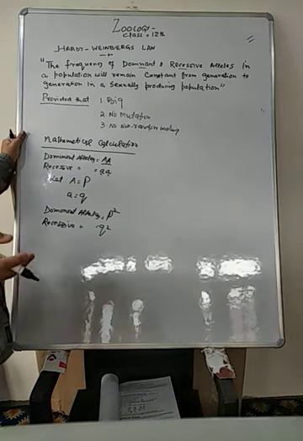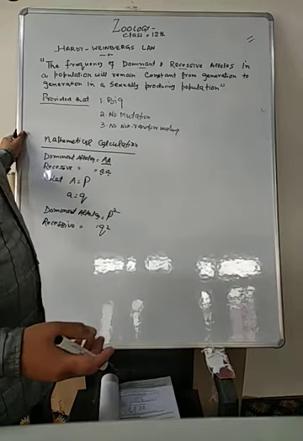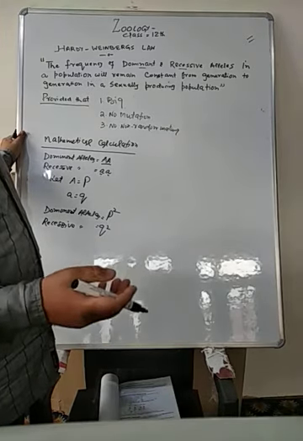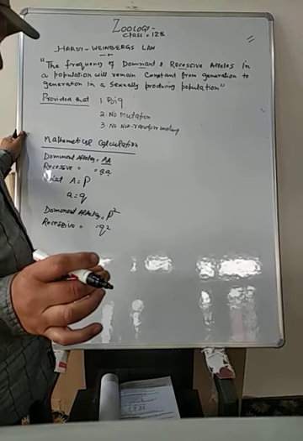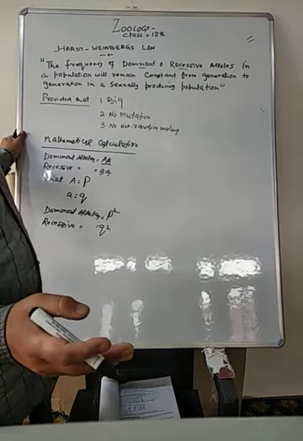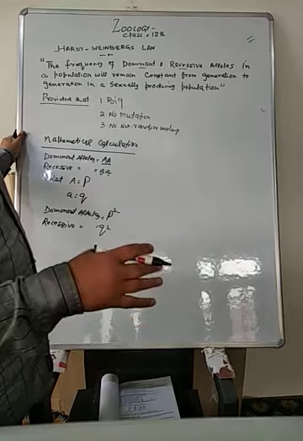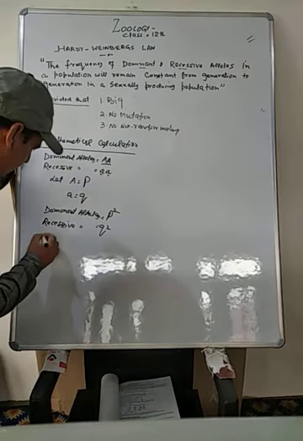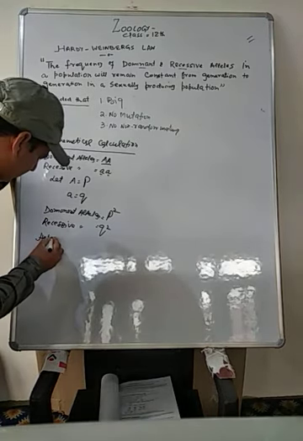Now, in a population, we have dominant features, recessive features, and we also have heterozygous features. That means one allele from dominant and one allele from recessive.